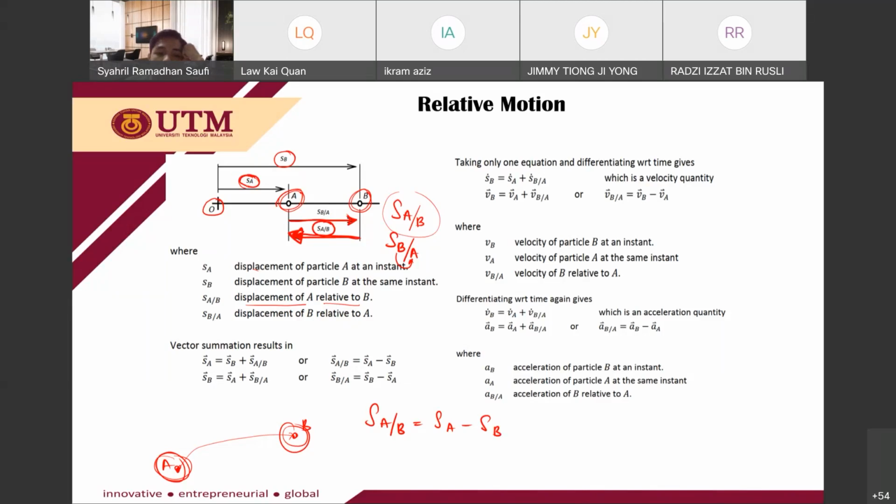This displacement A minus this displacement B. If you notice, for SA minus SB, since SA is lesser compared to SB, you will get a negative value. Why do you get a negative value? Because SA is shorter compared to SB, and you may notice that the direction here is to the left. That's why we can say SA minus SB.